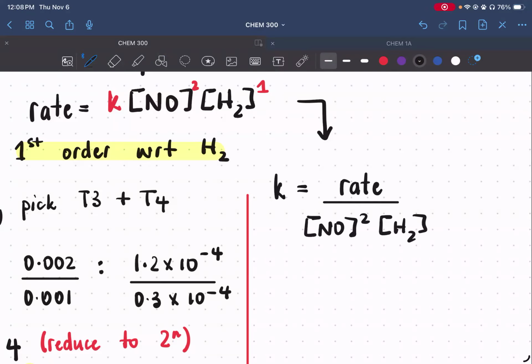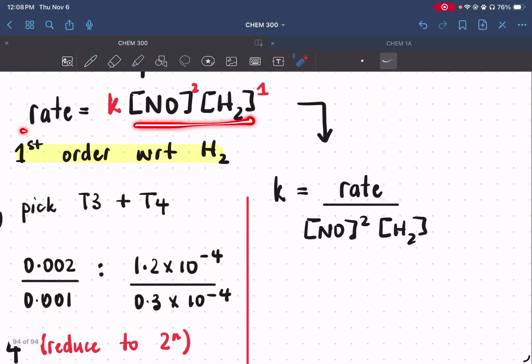How did I get there? All I did was divide both sides by NO and H2. Why did I drop the 1? Because anything raised to the 1 is itself, so I don't necessarily need to write it.